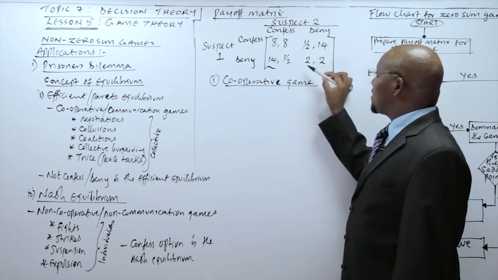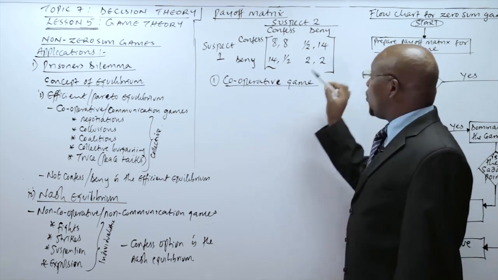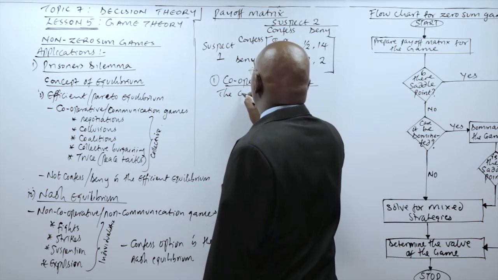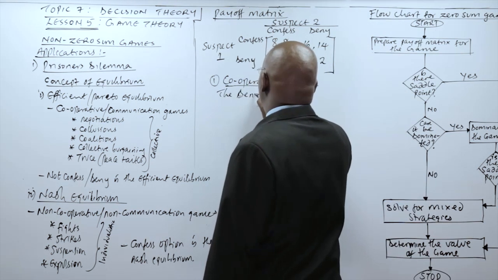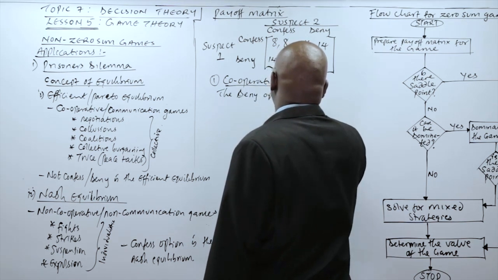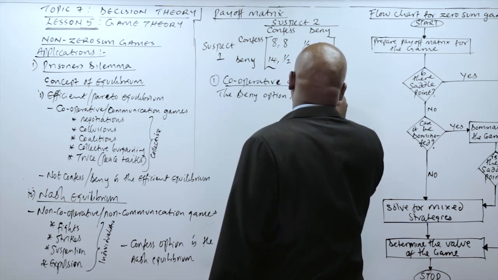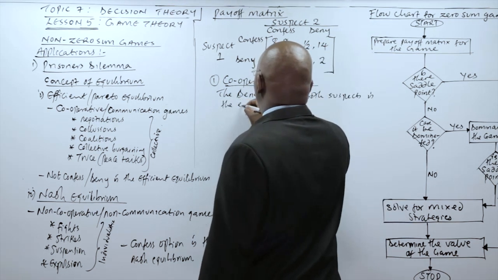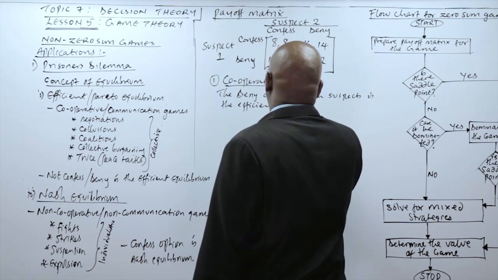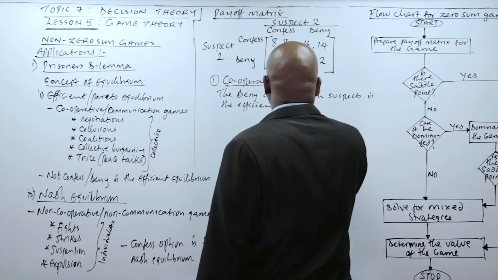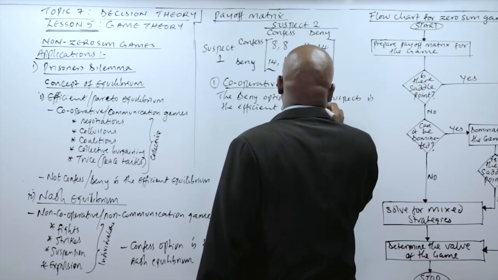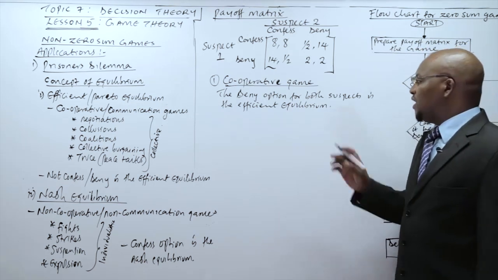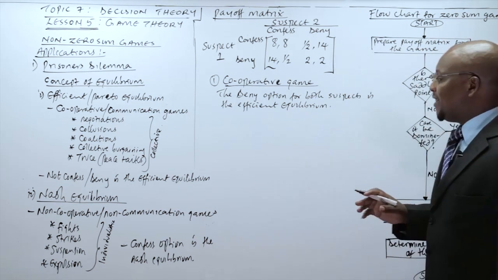And since this is jail term, not profits, they'll want to minimize. And therefore you can say here that the deny option for both suspects is the efficient equilibrium. That is already known, and that is where they can settle.